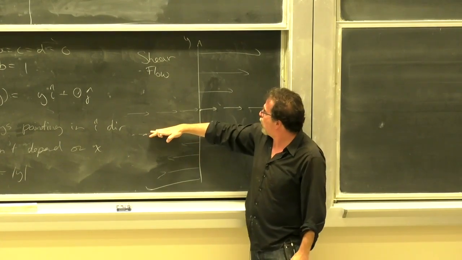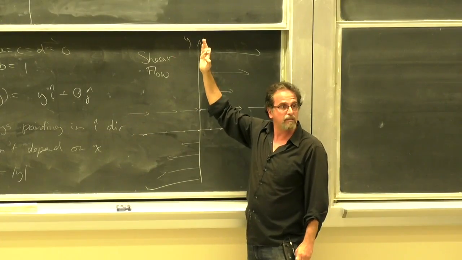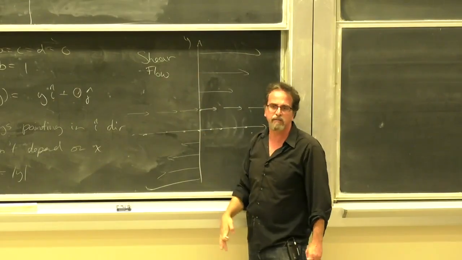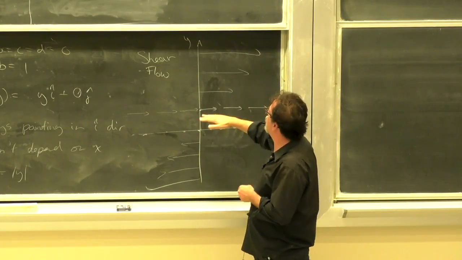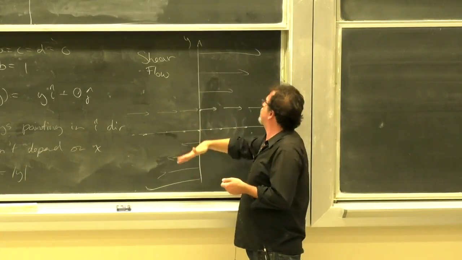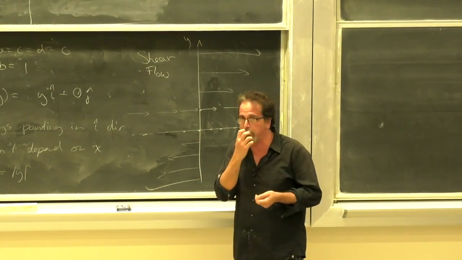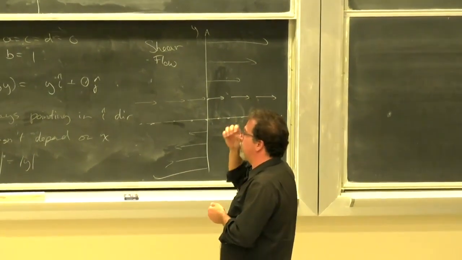And then as you go away from the ground, it's a linear function of height, at least for small values of height. Okay? Well, this is a shear flow. This is a wind shear, vertical wind shear. This is the stuff that happens in the atmosphere, happens in oceans, near boundaries, everywhere. Okay? So that's another simple one.